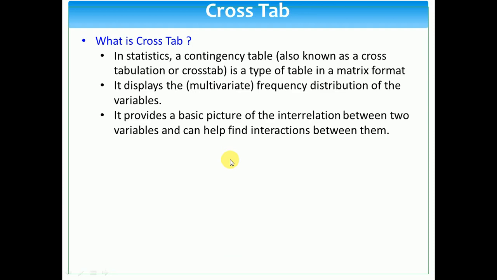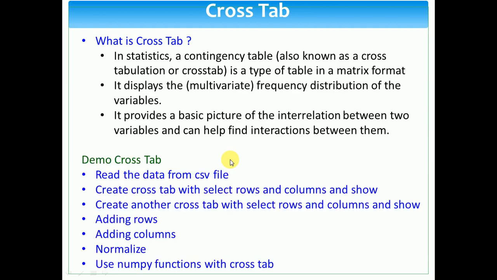Let's now try to understand what we are going to look into in the demo, because this looks like a theoretical definition. As part of the demonstration, we will read the data from a CSV file. Then we are going to create a cross tab with particular rows and columns, and show that.